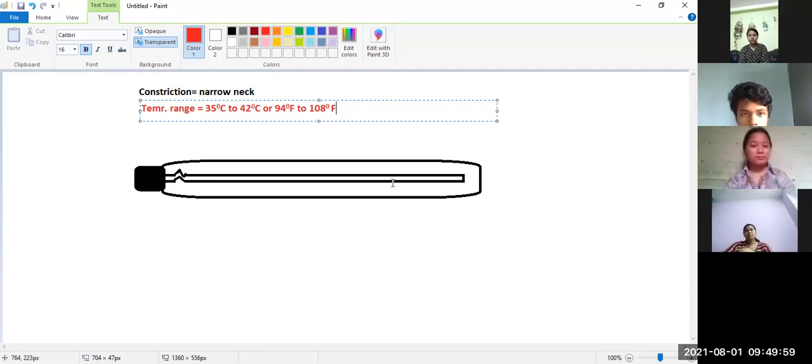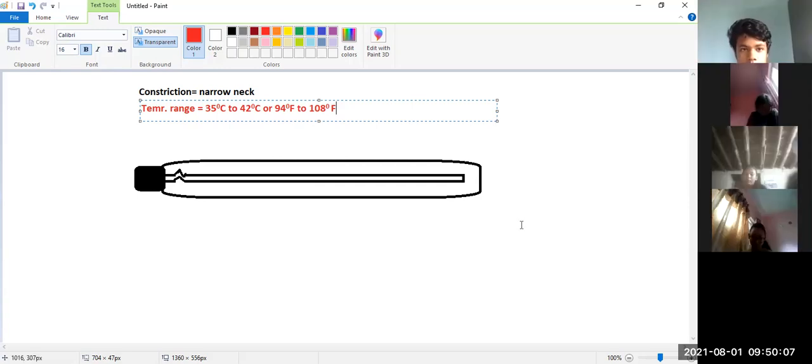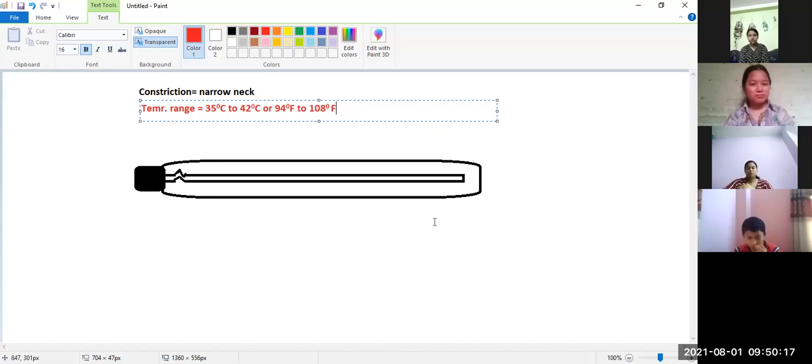If you use a thermometer and dip it in boiling water, what happens? What happens when we use a clinical thermometer to measure the temperature of boiling water?